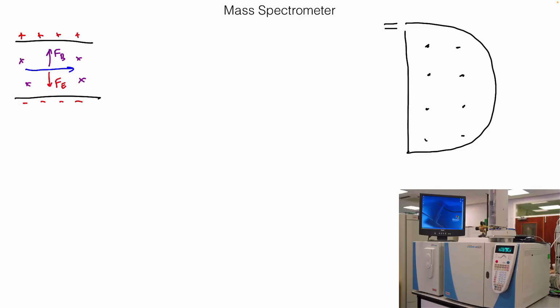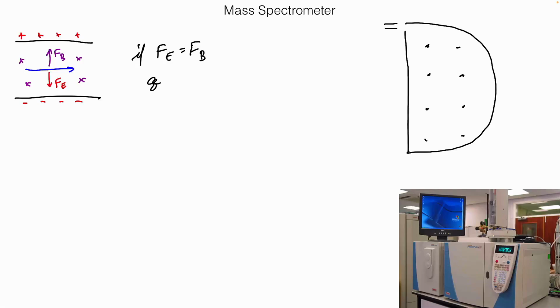And if the electric force and the magnetic force are equal in magnitude, we've solved the opposite in direction, but if those are equal magnitude forces, then this particle will travel through this velocity selector in a straight line.